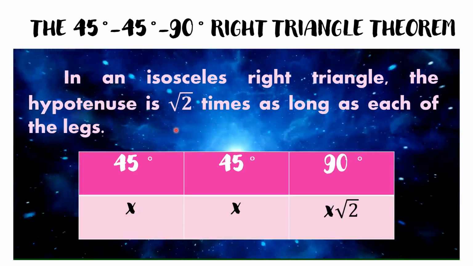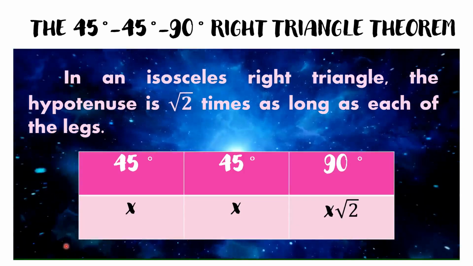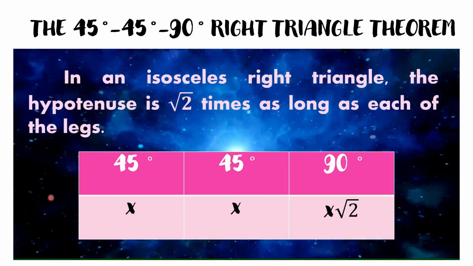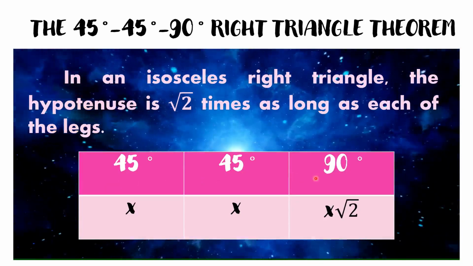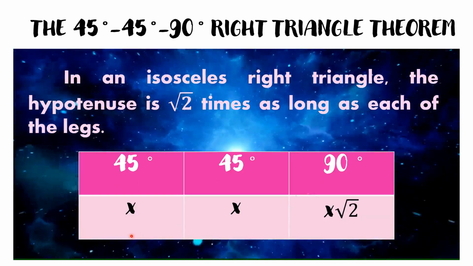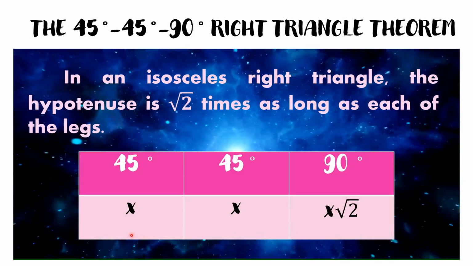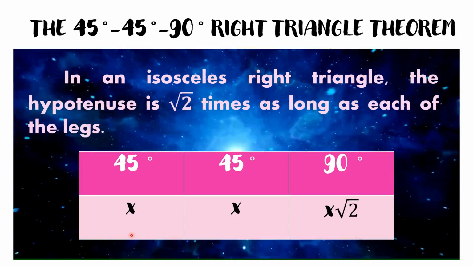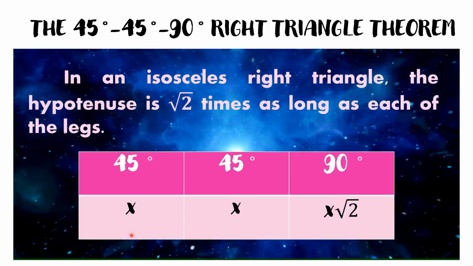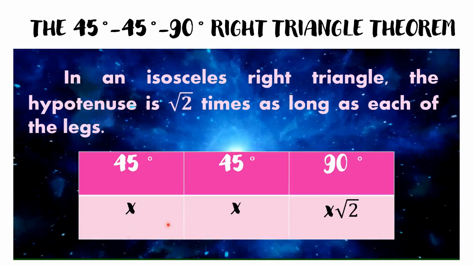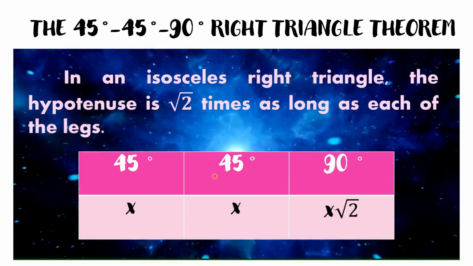So, pwede tayong gumamit ng table para mas madali nating mai-apply yung ating theorem. So, 45-45-90, pwede nating i-let or gamitin si X to represent the length of the side opposite kay 45. So, since ito 45-45, pare-pareho sila, diba?